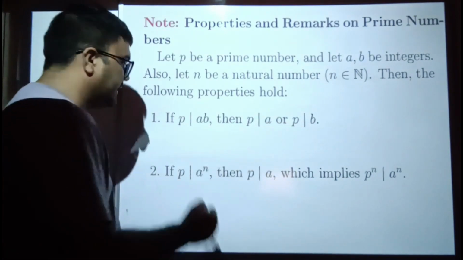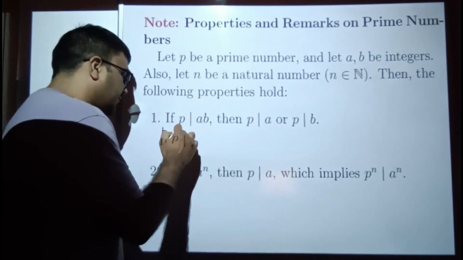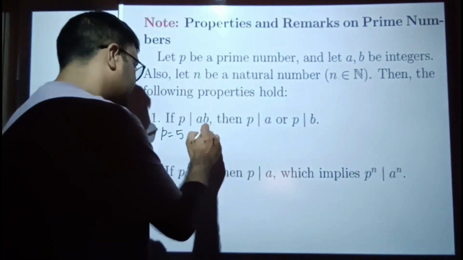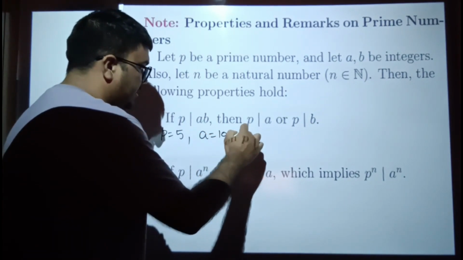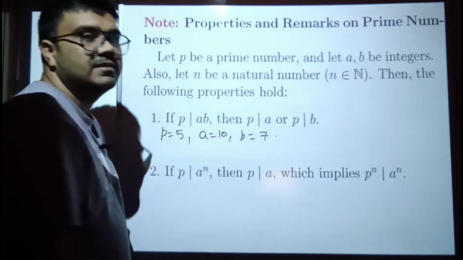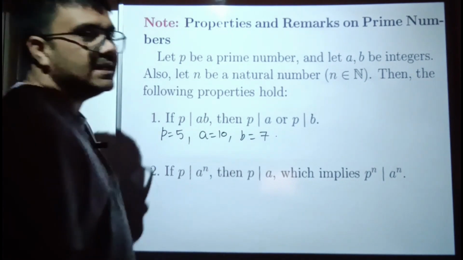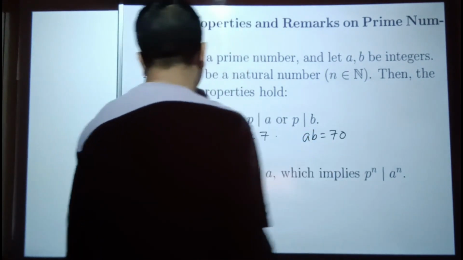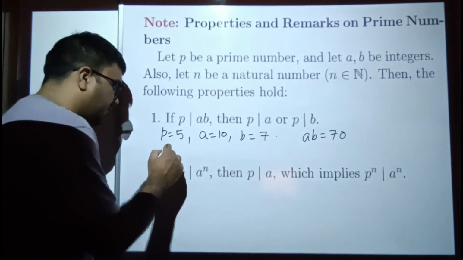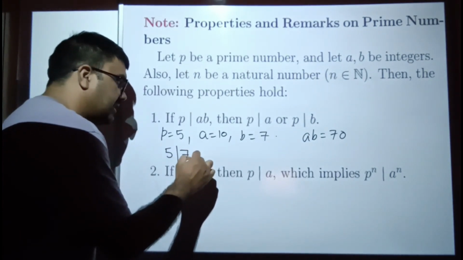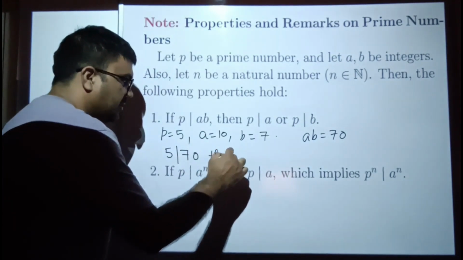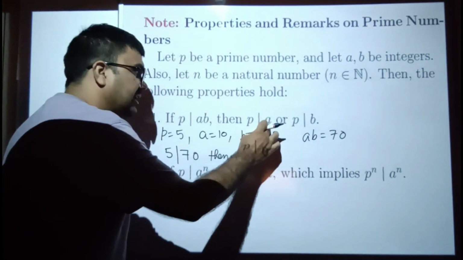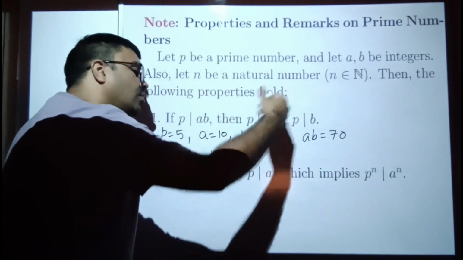Suppose we take the value of p equal to 5, and the values of a and b as 10 and 7. A is equal to 10, b is equal to 7. Then clearly ab is 70. So 5 divides 70, then either p will divide a or p will divide b, or both will hold.